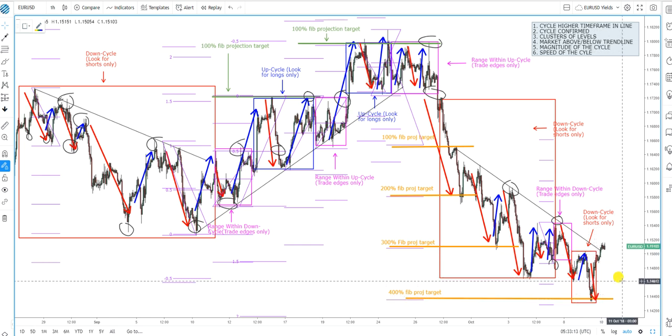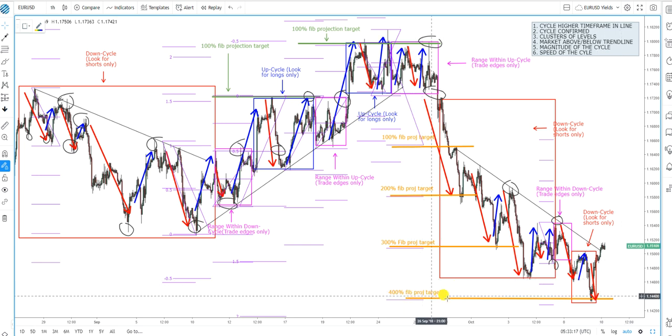Notice now, this is very interesting before I conclude this video. This is the 400 Fibonacci projection target, and not only is it being respected, but the 300 and the 200 are all being respected. The 100 gave us a little bit of a red flag because it wasn't respected. So on the rebound, since there was so much intensity behind the selling, it acted as the immediate resistance right there, okay?